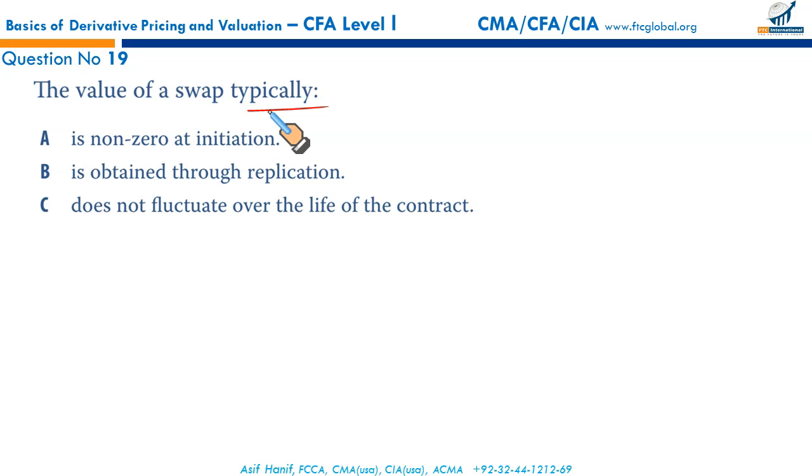So it's basically the replication that gives the swap its value, right? Why not A? Remember, the swap price is typically set such that the swap contract has a value of 0 at initiation, not non-zero. Moreover, the value of a swap contract will fluctuate during the life of the contract as the value of the underlying changes. So it doesn't fluctuate, it does. That makes B the correct option.